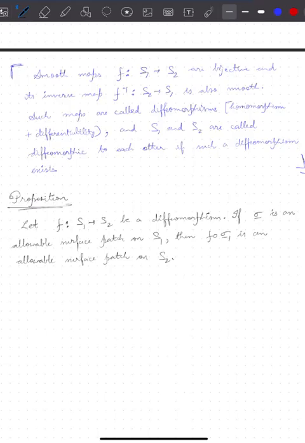So it says that let this be a diffeomorphism, and then if sigma 1 is an allowable surface patch on S1, then F composed with sigma 1 is an allowable surface patch on S2, right?